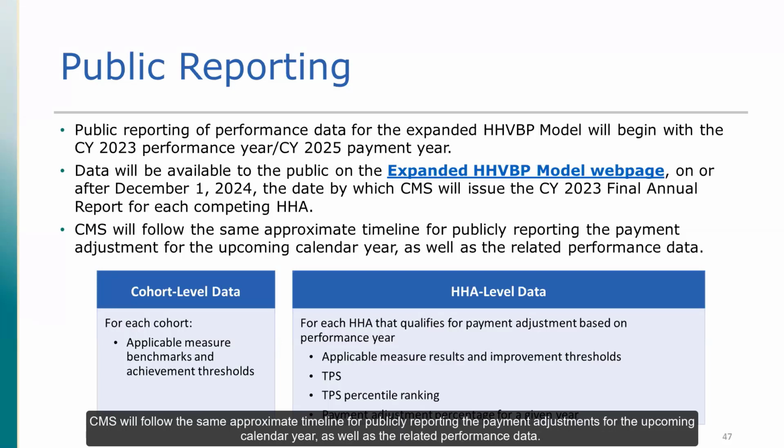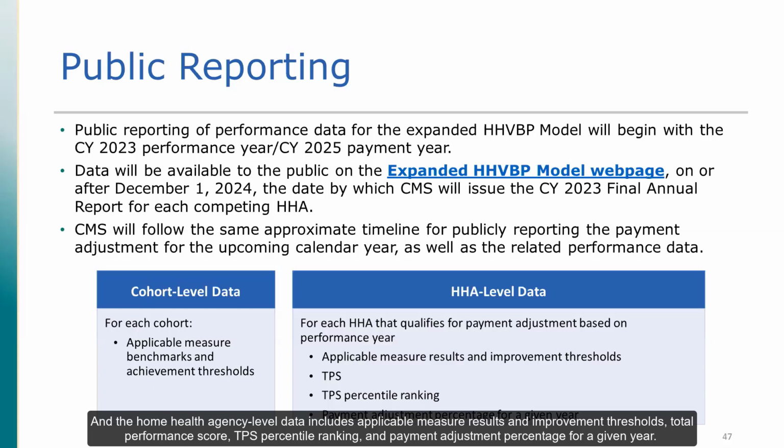CMS will follow the same approximate timeline for publicly reporting the payment adjustment for the upcoming calendar year, as well as the related performance data. The data publicly available at the cohort level includes applicable measure benchmarks and achievement thresholds.